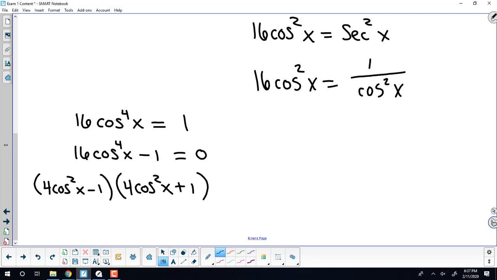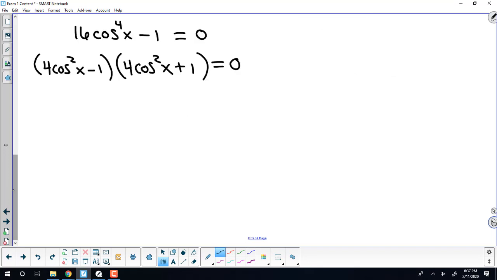Either way, dividing and taking the fourth root or factoring it, you get the same result. So we have two options here.